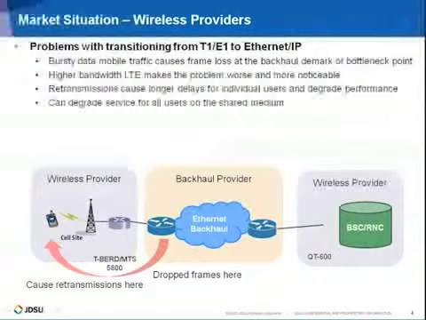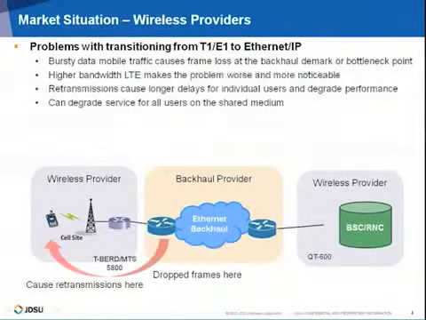And looking at the concept of TCP, we have retransmissions. Because TCP uses retransmissions to guarantee error-free end-to-end transport of our data applications, whenever a burst of traffic causes frame loss somewhere in the network, retransmissions are going to occur. These retransmissions will then slow down the performance of those data applications running on our smartphones.